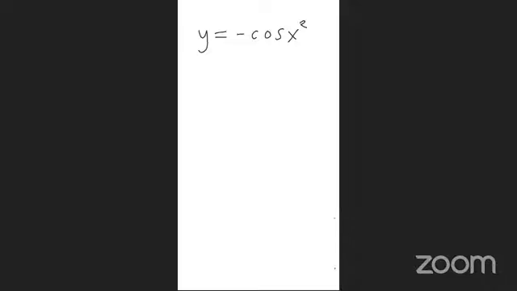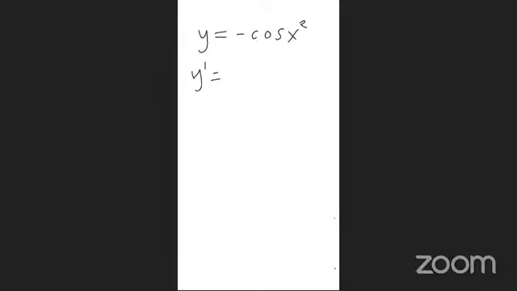So y prime is equals to the derivative of cos, which is negative sine u times du.